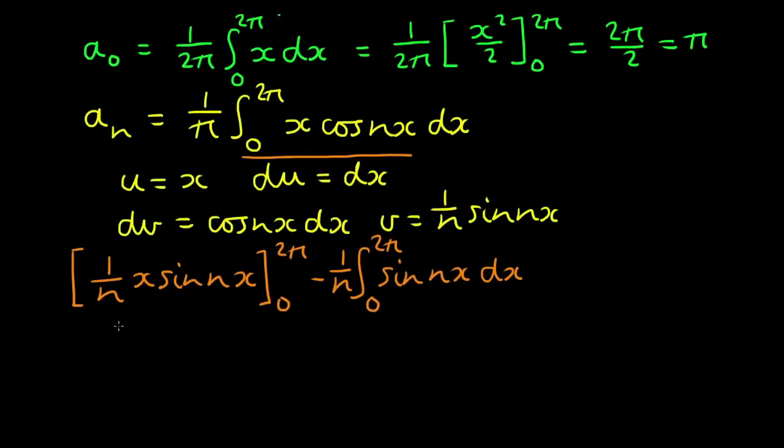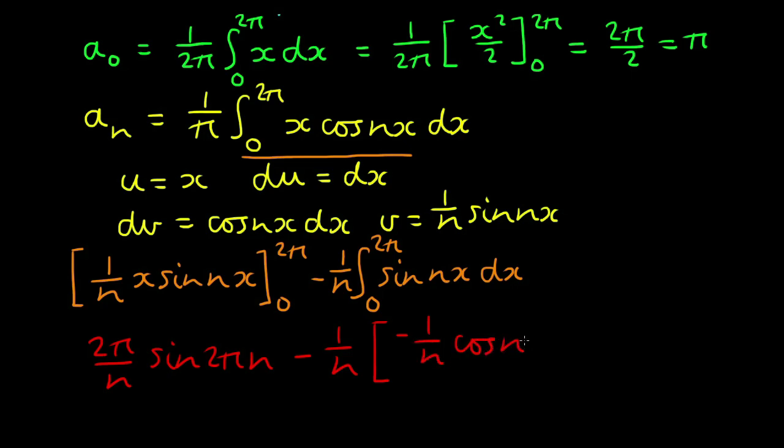So what we get is 2 pi on n by sine 2 pi n, and then we have minus 1 on n by 0, so that's 0, and minus 1 on n by minus 1 on n cosine nx, evaluated from 0 to 2 pi.